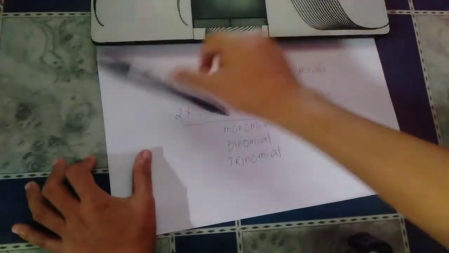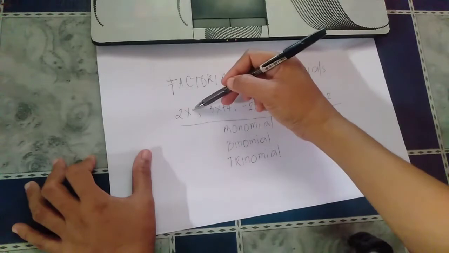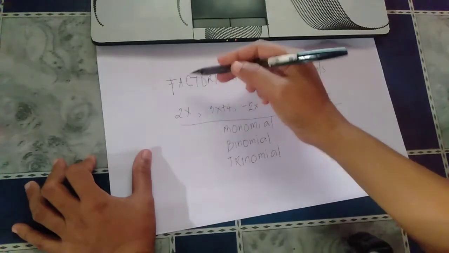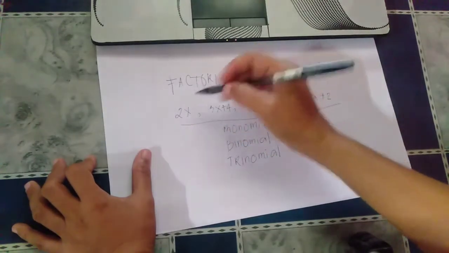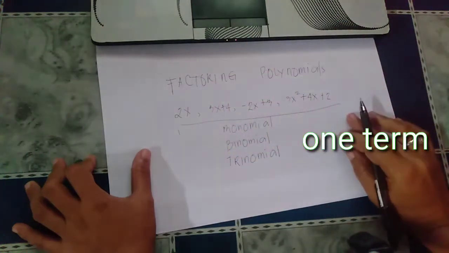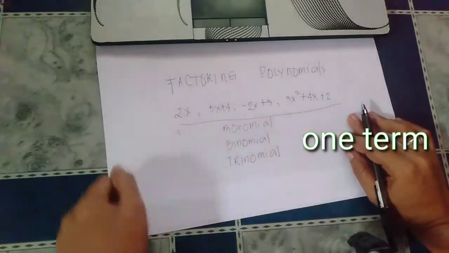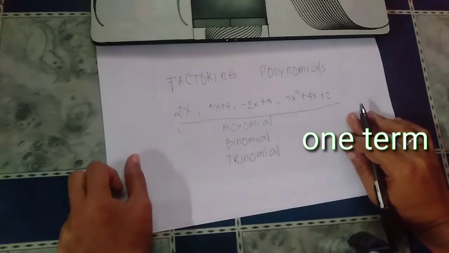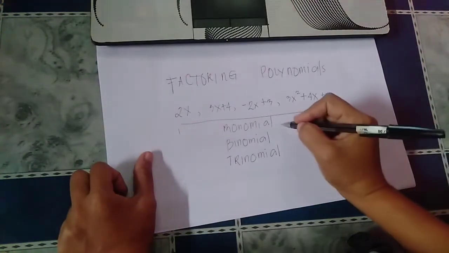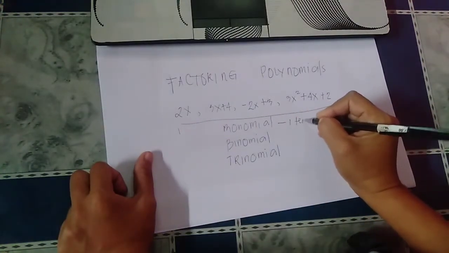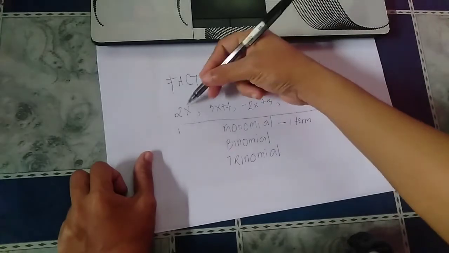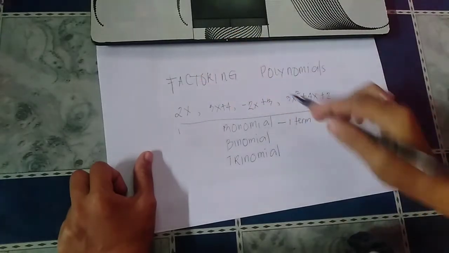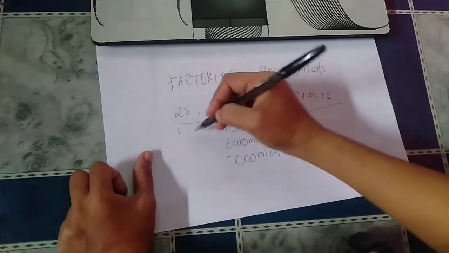In this example, 2x, we can say that there is only one term. So a monomial is a polynomial with one term. So this expression is an example of a monomial.